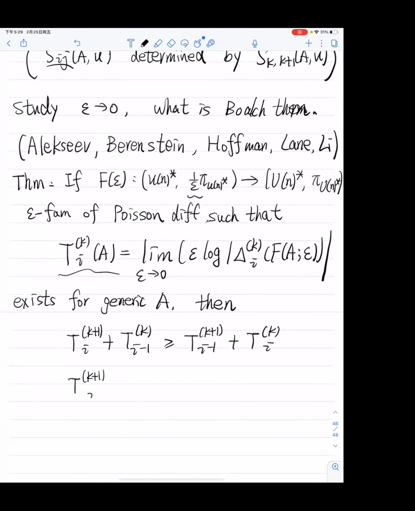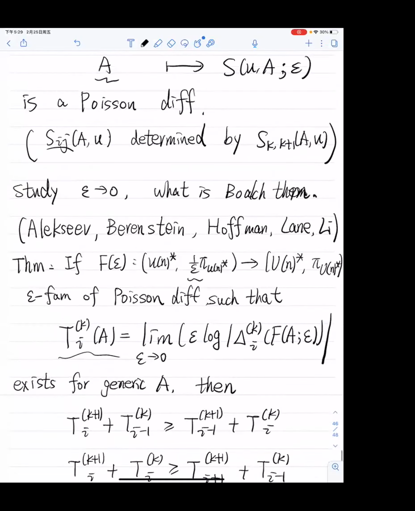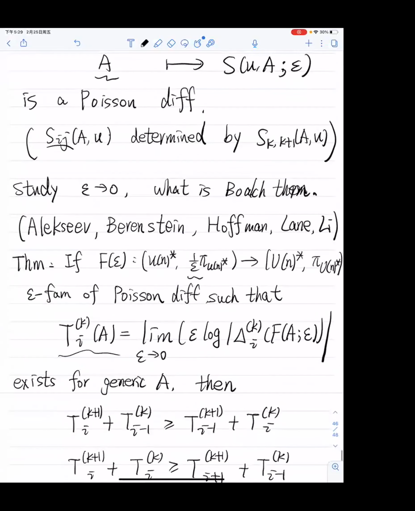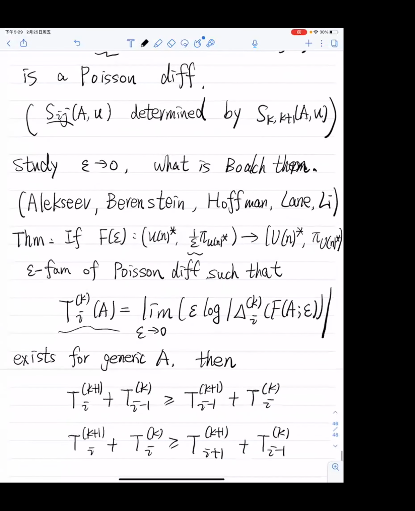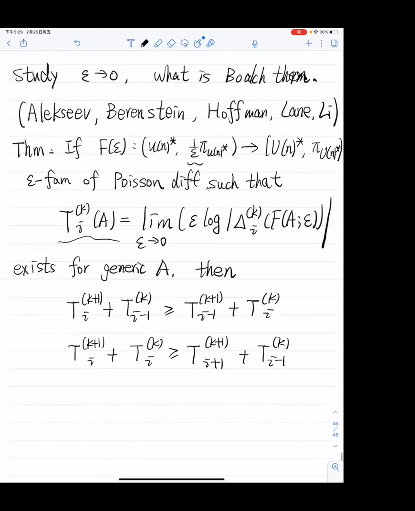Okay, very good. This is another constraint we can get from Poisson geometry on the study of Stokes matrices, because we simply combine Philip and Anton, Arkady and their collaborators' result as a corollary.